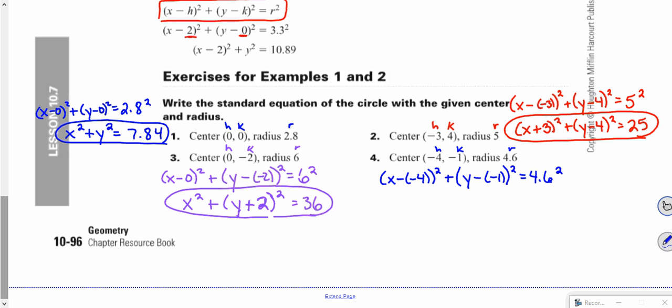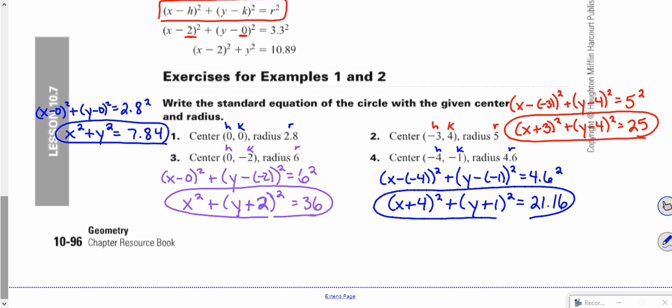Again, minus a negative, these are just going to turn into plus. X plus 4 squared plus y plus 1 squared equals 21.16. All right, next page.